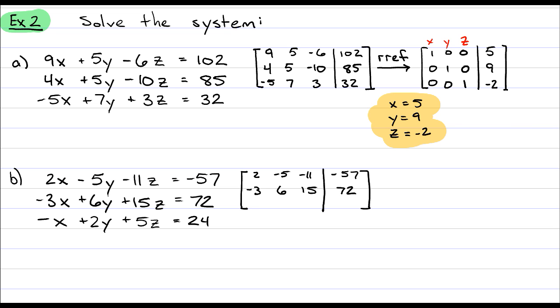Remember, I'm just reading the coefficients off here. Then minus 1, 2, 5, 24. So I have here a 3 by 4 matrix. I enter that into the calculator, and then I ask it to put that matrix into RREF form, and what I get back out will look like this.